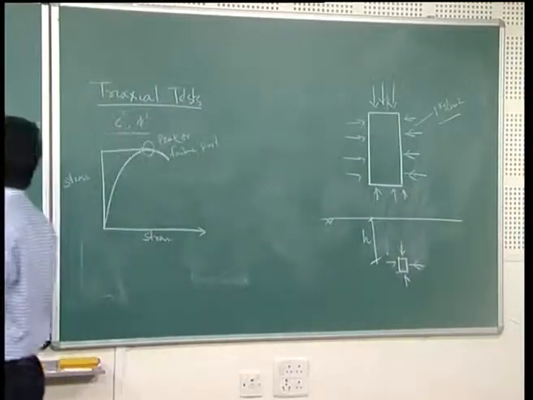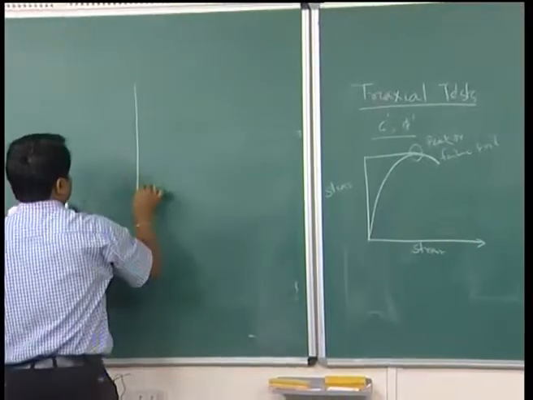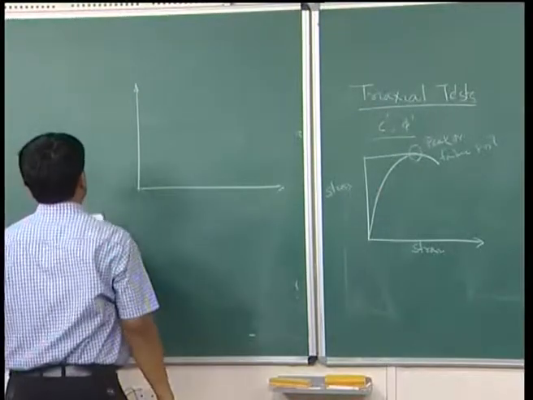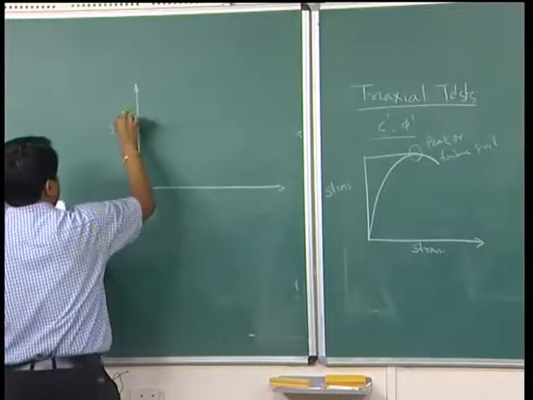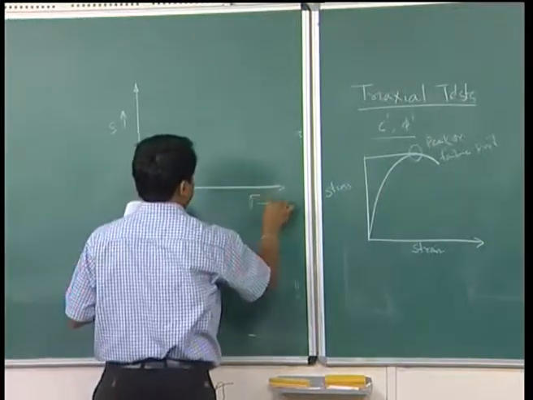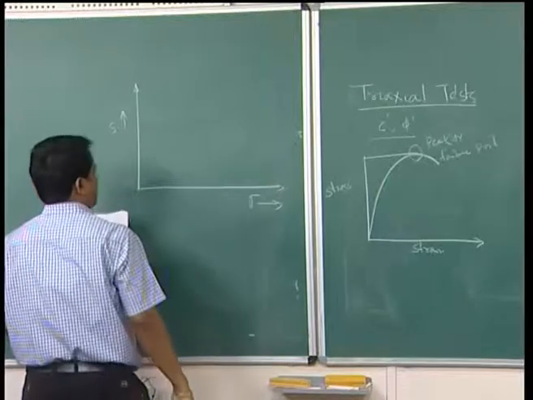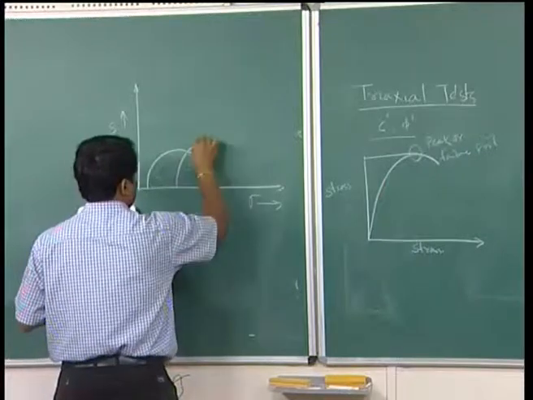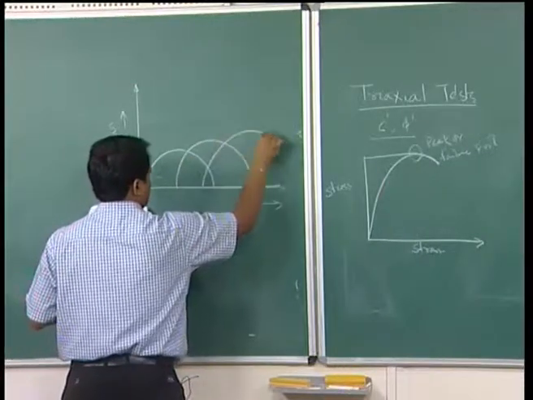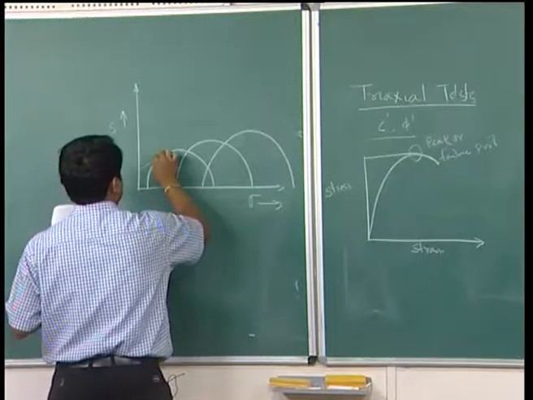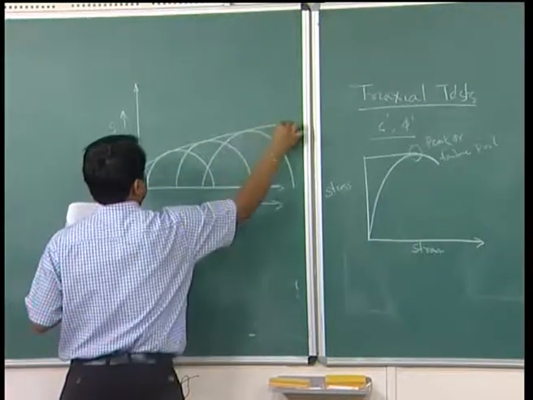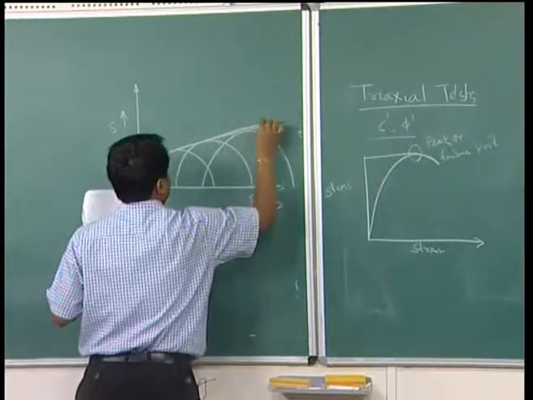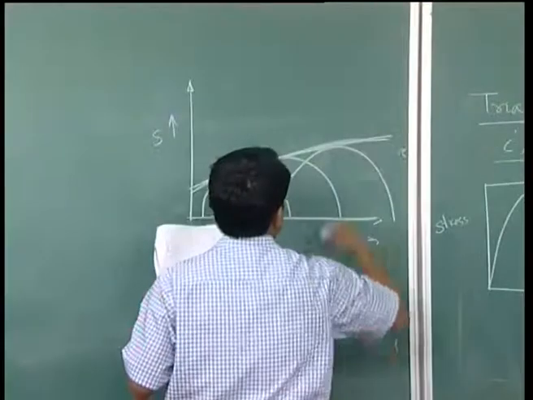So, you have to do a minimum of 2 tests to get your result. In that case, if I plot shear stress versus normal stress and draw the Mohr circle, find the common tangent. Draw a tangent where it touches the Mohr circle or the failure point.